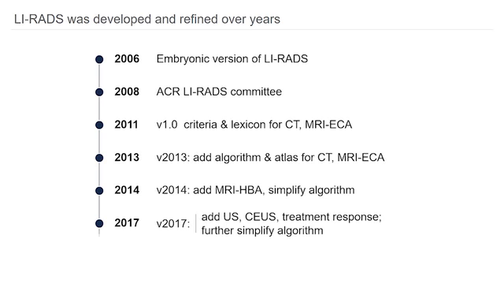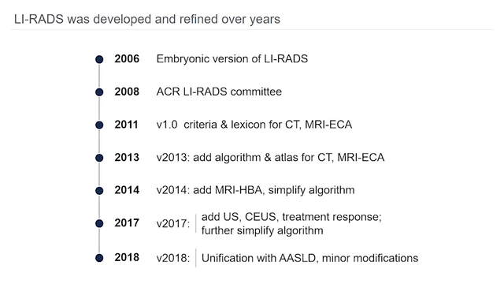And in 2018, the new version came out because it allowed unification of LIRADS with AASLD, the American Association for the Study of Liver Diseases, which is the major governing body of hepatology.